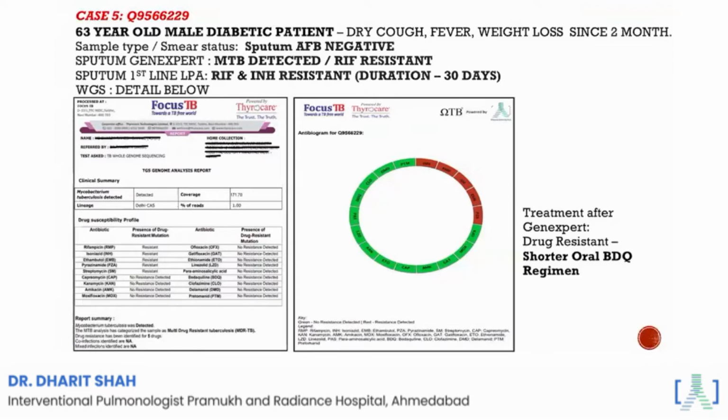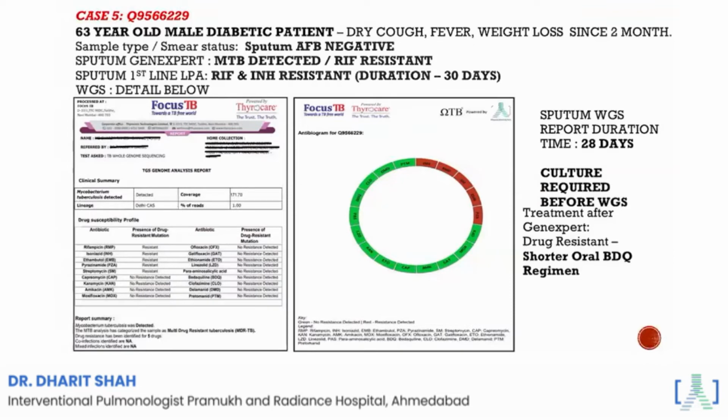But after getting the WGS report, which for this patient took only 28 days, because in his sputum they have to culture before the WGS is done, it takes time to grow the bacilli. So culture time plus WGS cumulatively takes 28 days, and we can get the report of HRZES. Each and every drug is resistant.